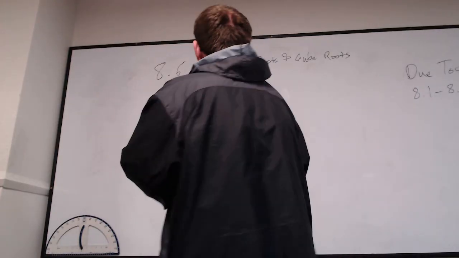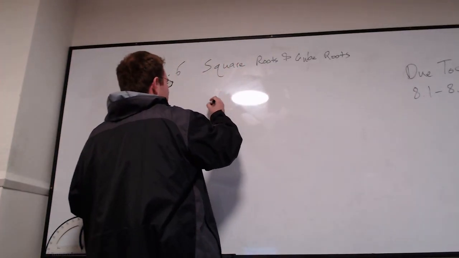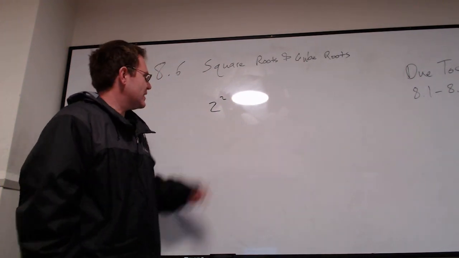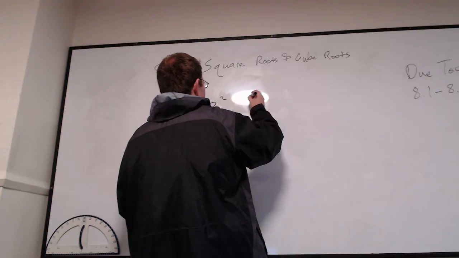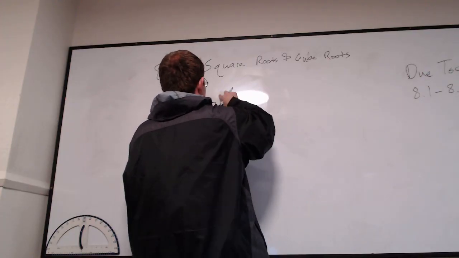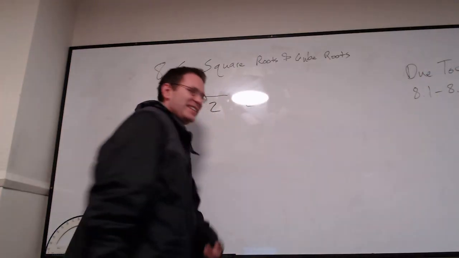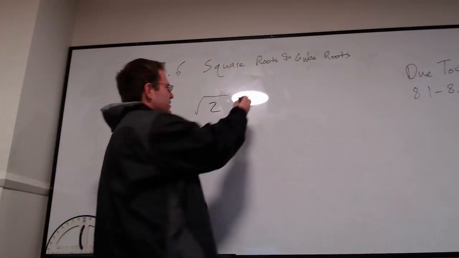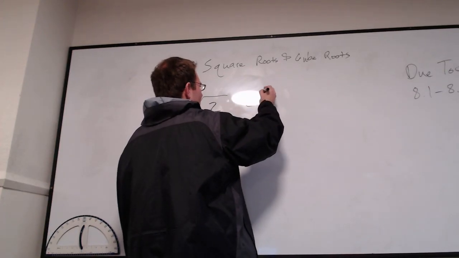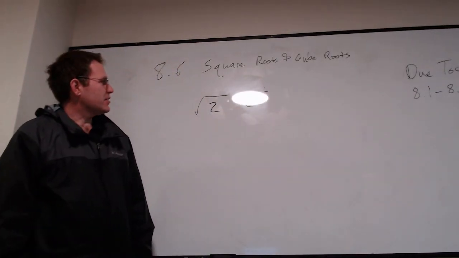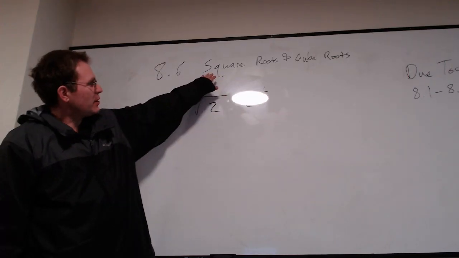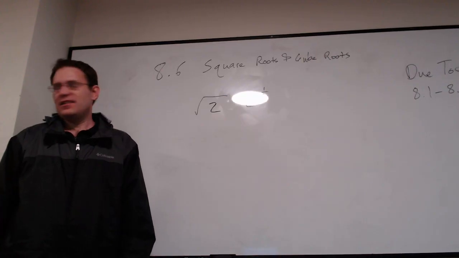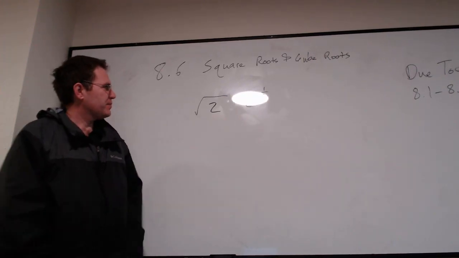The other reason is if I write the square root of 2, it is the same as 2 to the 1/2. So, in a sense, square roots and cube roots are just a continuation of exponentials as well. So those are equivalent.